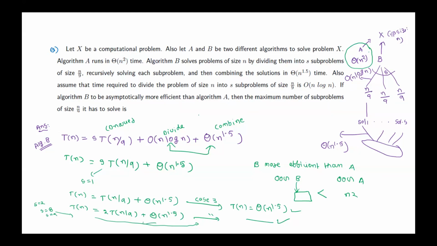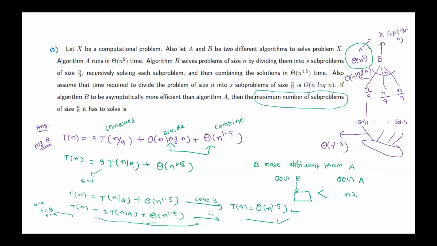So that's why they have asked only for the maximum number of subproblems. For minimum, we could have easily said only one subproblem, or without even solving subproblems. But that's why they are asking for the maximum number of subproblems.